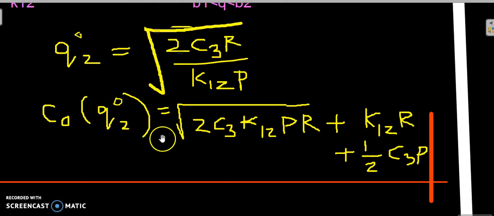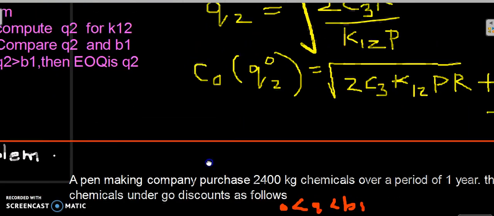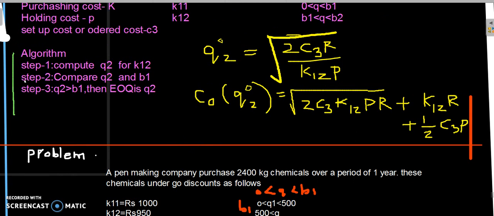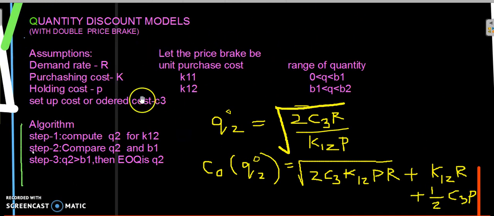Optimum cost corresponding to this particular quantity that we are calculating. So the formulas are very important here. That's what we have to understand. So what we understand here is the assumptions for this model and the model structure.